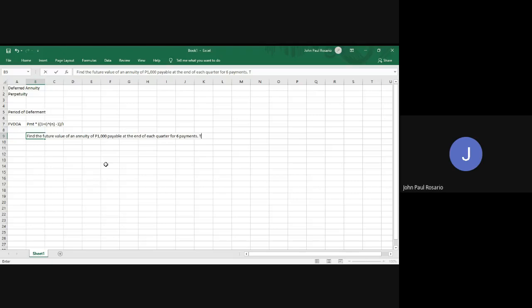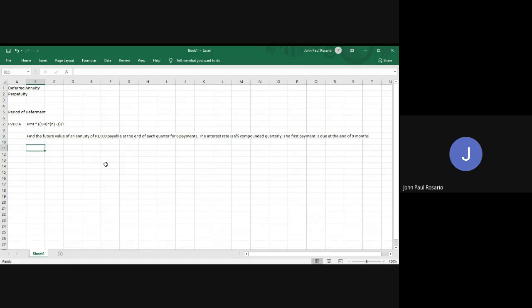The interest rate is 6% compounded quarterly. The first payment is due at the end of 9 months. Okay?